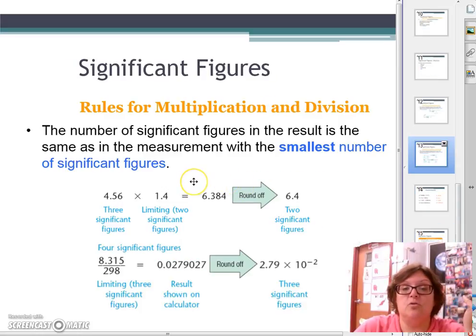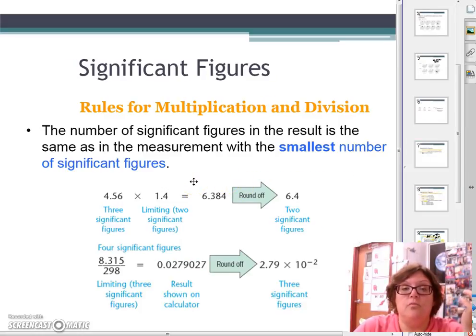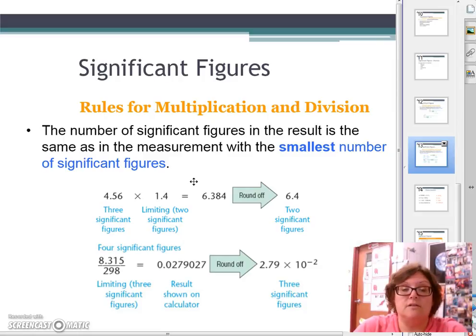Multiplication, same story, only this time the smaller number of significant digits is the limiting number. So here you've got 3 times 2 significant digits, 3 significant digits, 2. You multiply those together. Because there's only 2 here, the most you're going to have in your answer is 2. Here you've got 3, you're dividing it by something that has 3, you've got 4 on the top and 3 on the bottom, so your answer can only have 3.